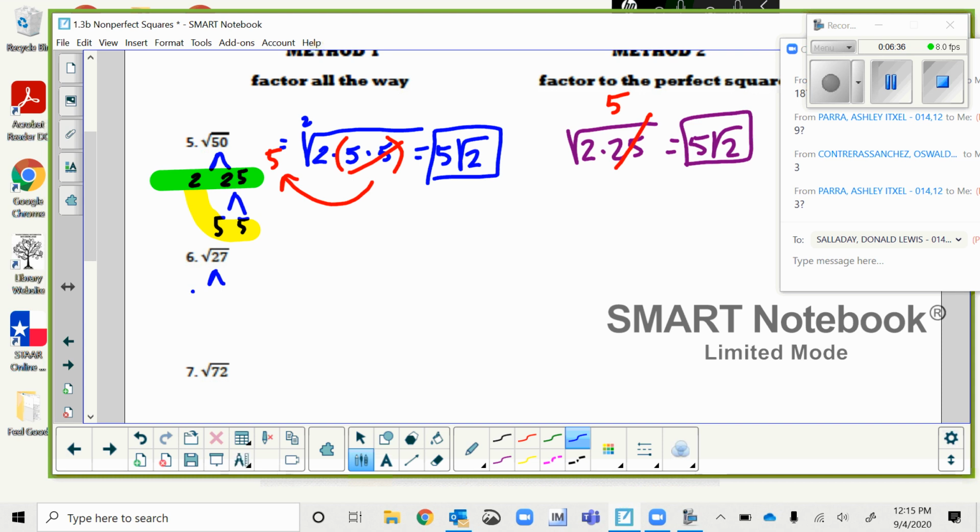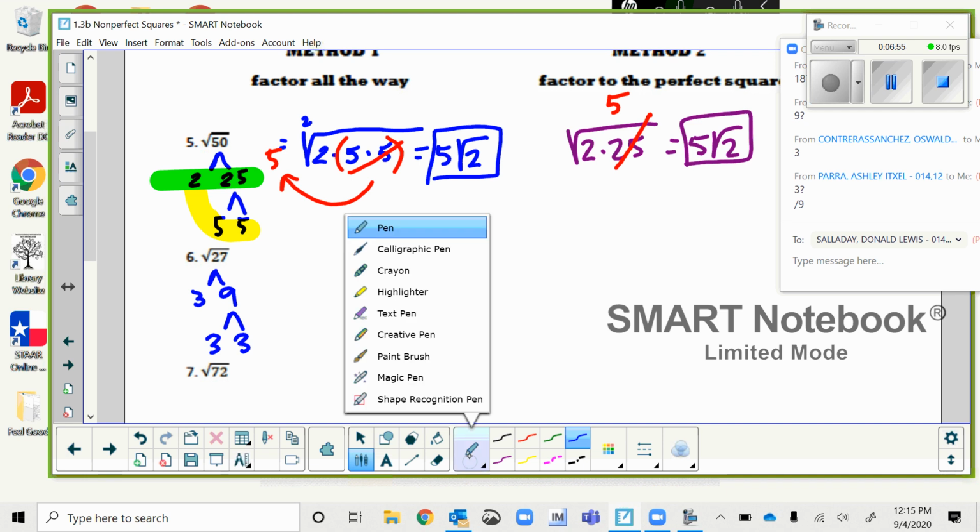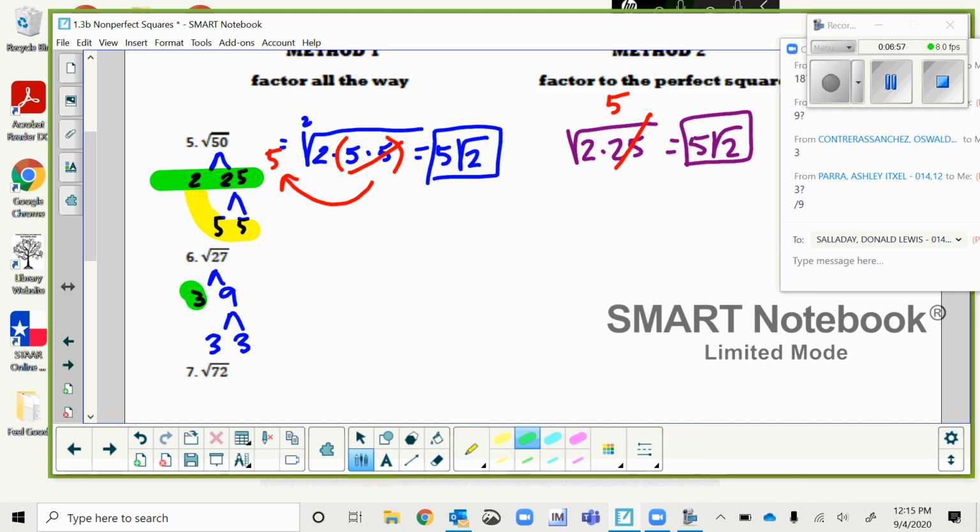So 3 goes into 27 9 times. Which of those numbers can I factor some more? Which one can I keep going? The 9, right? So 9 can factor into 3 times 3. And I can't break those down anymore. So this is where I'm going to stop for this method.